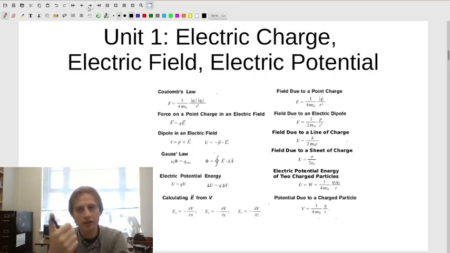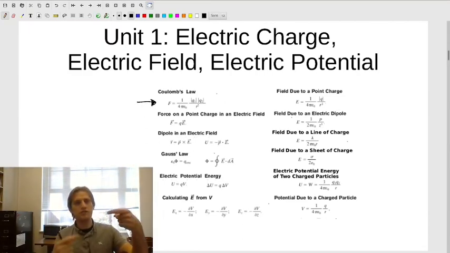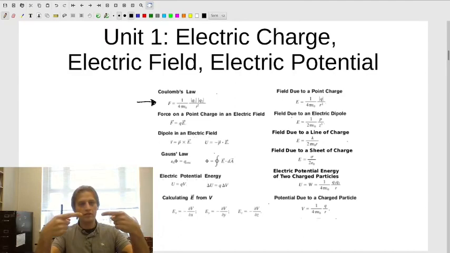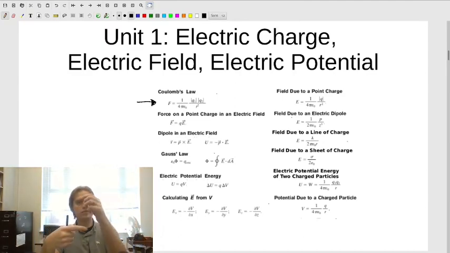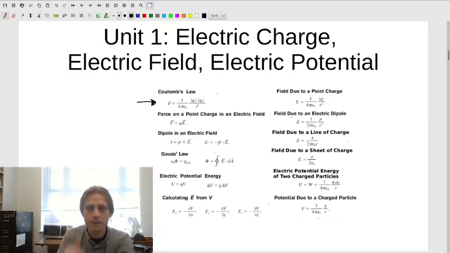We already went over the ideas of electric charge, electric field, electric potential. So you should be confident using Coulomb's law, having positive charges attract negative charges, have positive charges repel other positive charges, and have negative charges repel other negative charges. So being able to pick those directions on the forces.